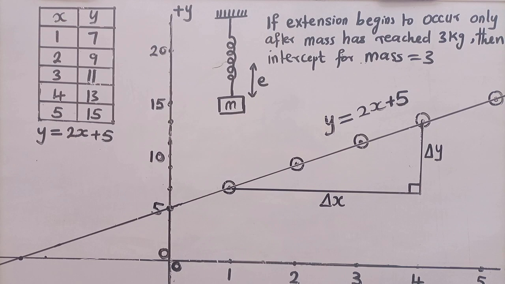Therefore, what value is it that the mass leads with? That is the intercept for the mass. And what value is it that the extension lags with? That is the intercept for the extension. What it means is that both variables are expected to have their own intercepts.